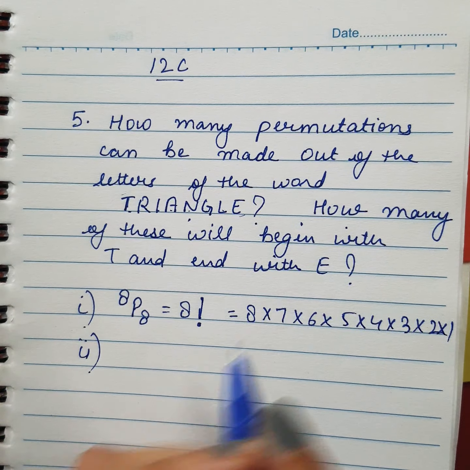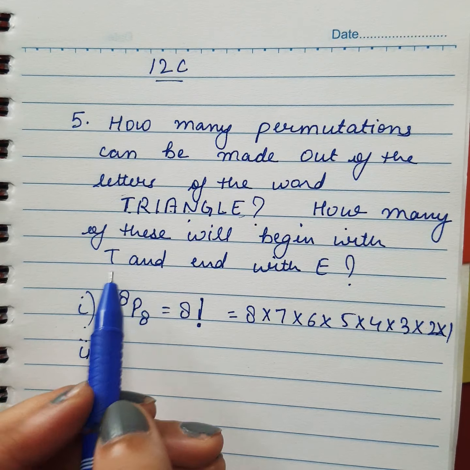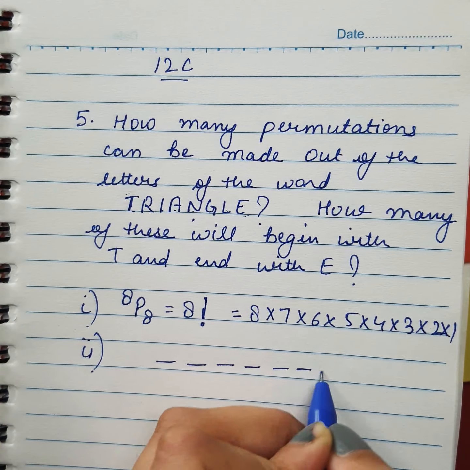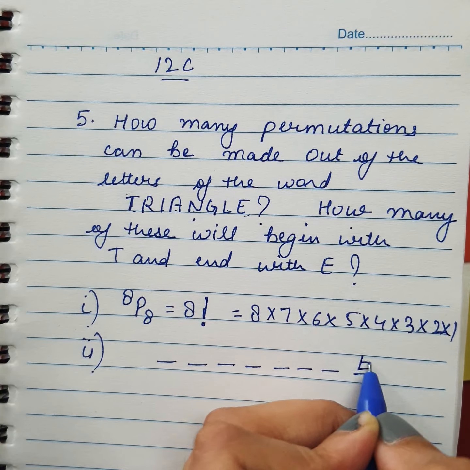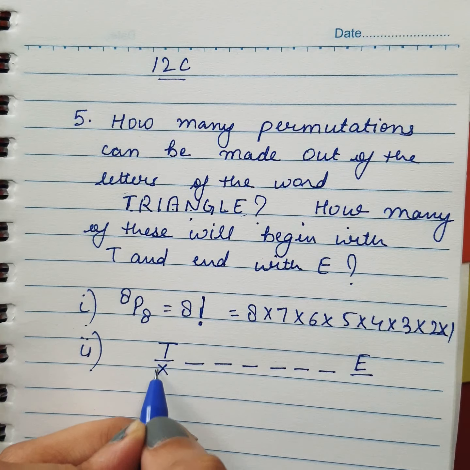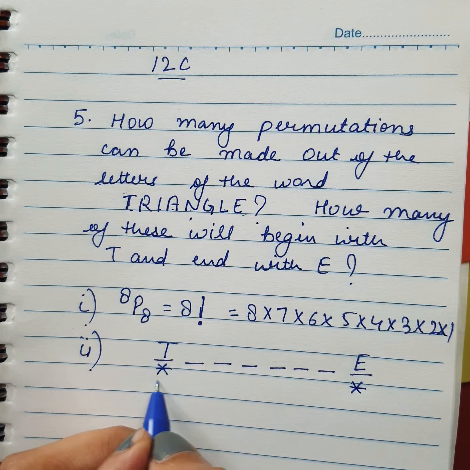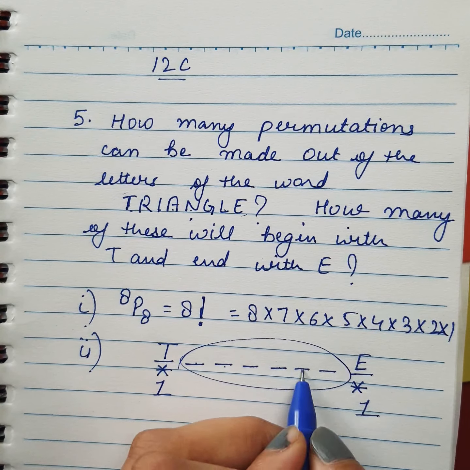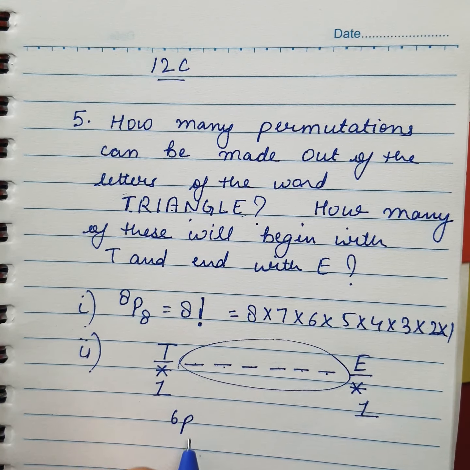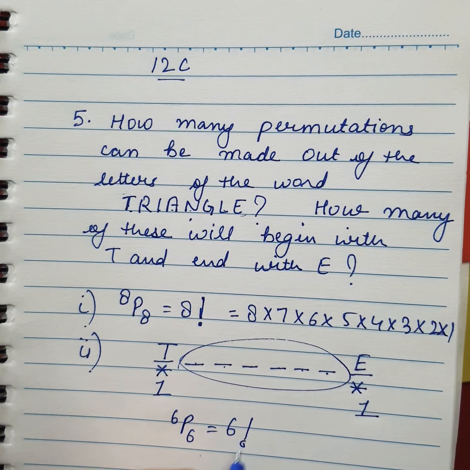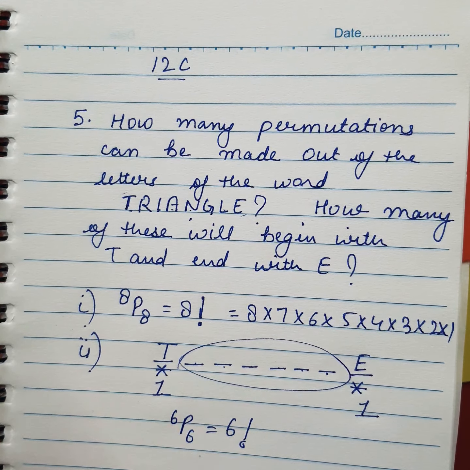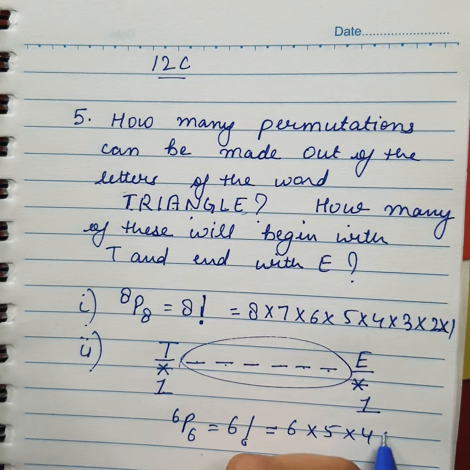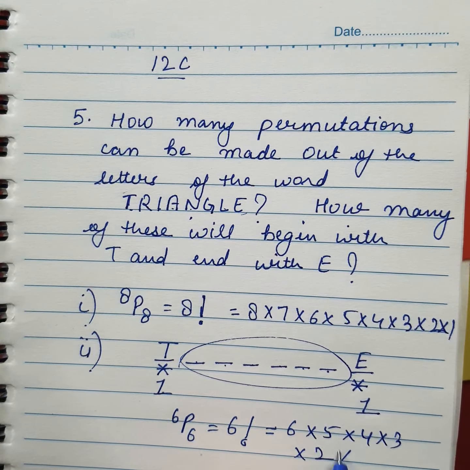Then second part: how many of these will begin with T and end with E? That means 8 places. First and last places are fixed, so that can be filled in 1 and 1 way. The rest 6 places are supposed to be filled in 6 factorial ways. So 6 factorial into 1 and 1, whether we write it or not, will not make any change. 6 into 5, 4, 3, 2, 1.